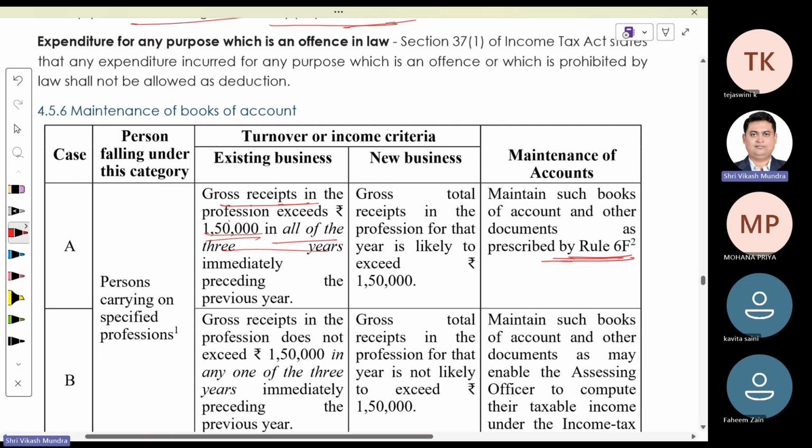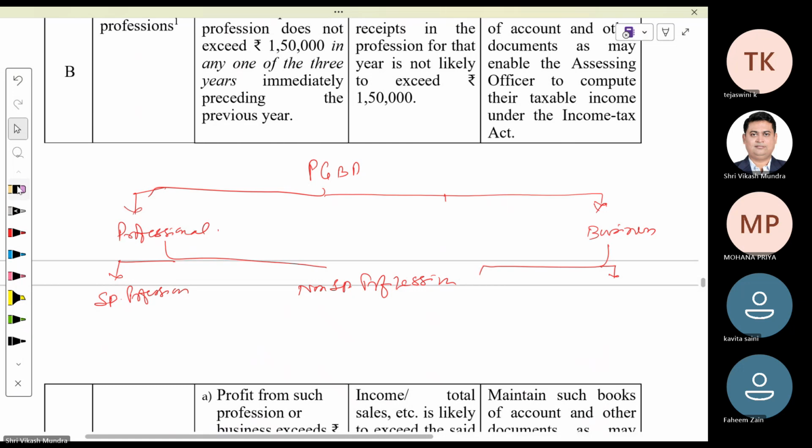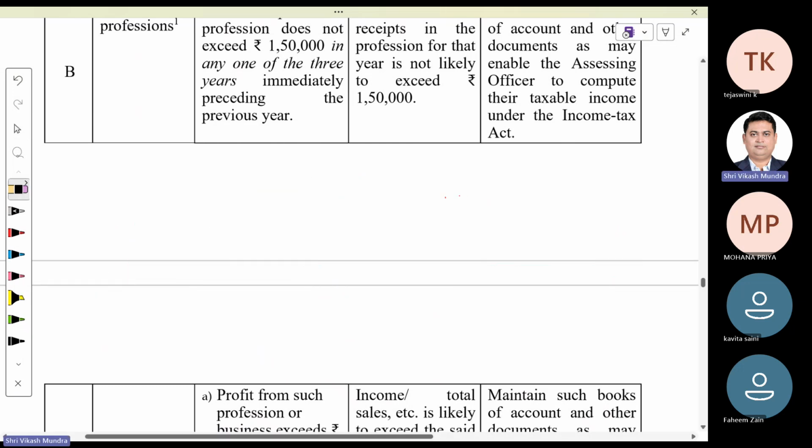Suppose you are carrying on a specified profession and for the last 3 years, your gross receipt from this profession. For example, if I want to find out which books of accounts I am required to maintain for previous year 2023-24, I am a doctor.